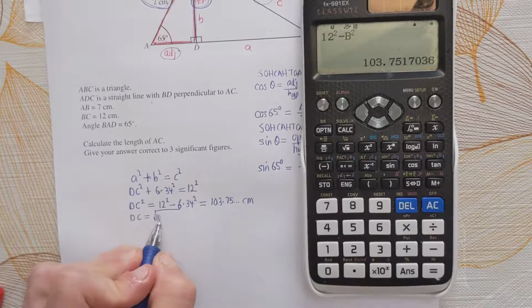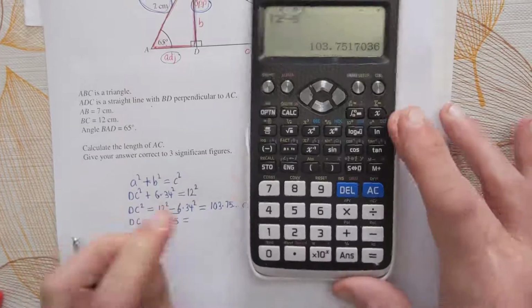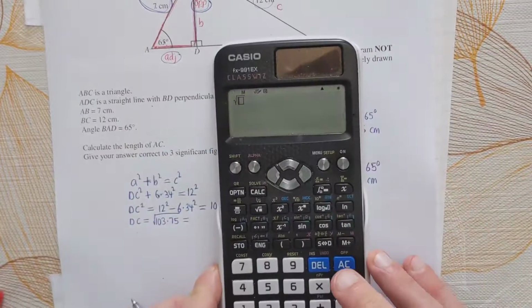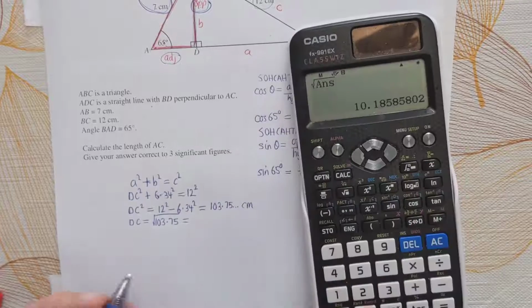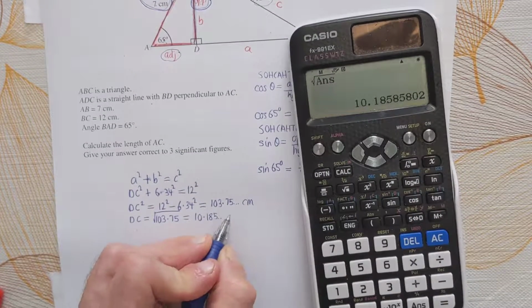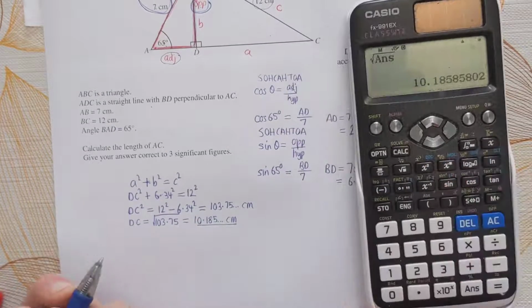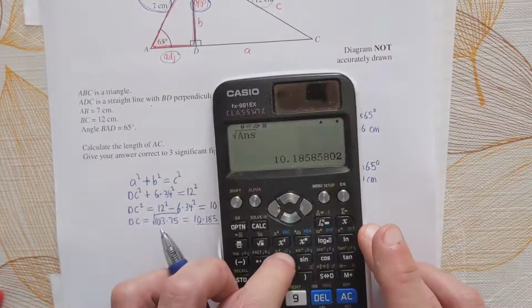And now we square root it. Square root of 103.75, giving us 10.185. Okay, so now I'm going to put this in memory slot C, by the way.